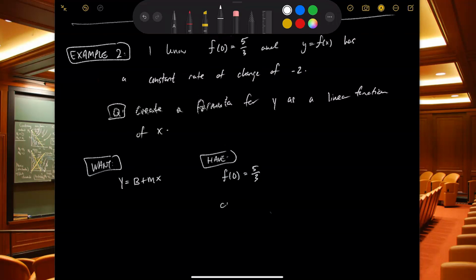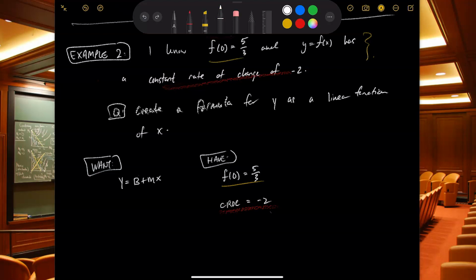We know that the constant rate of change equals -2. So that comes from here. And we know this came from here. And that's about all we know, right? That's all that's been given up here. So we've got all the information given to us. Now it's time to kind of suss out from what we've been given what this really means and how it maps over to what we want.